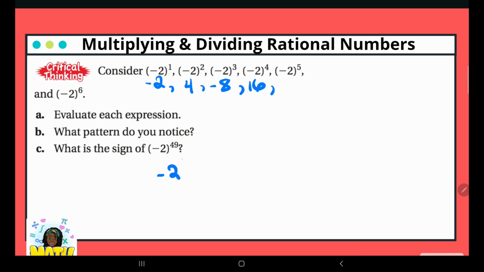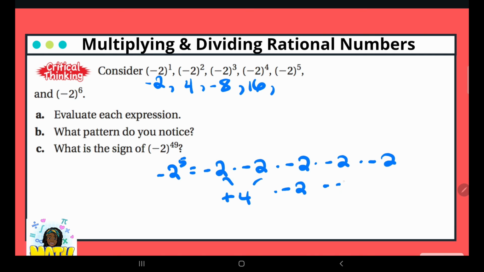Let's try it. Negative 2 to the 5th is equal to negative 2 times negative 2 times negative 2 times negative 2 times negative 2. So negative 2 times negative 2 is a positive 4. Okay.